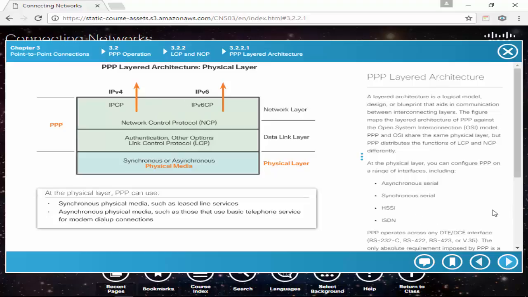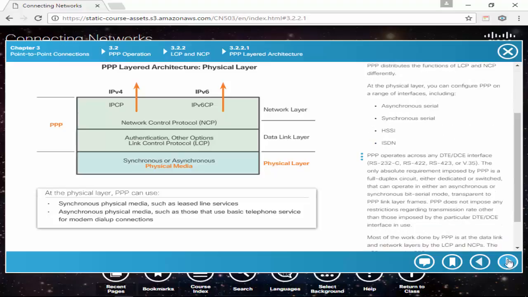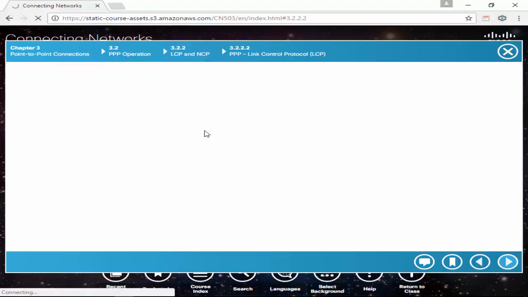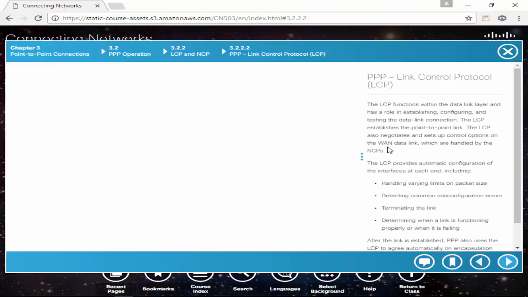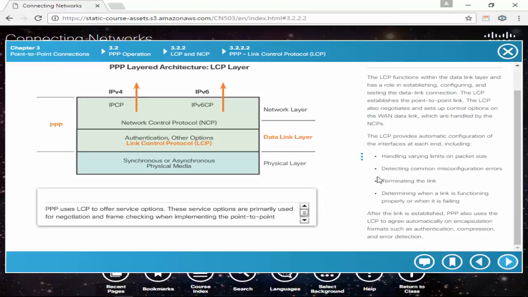Okay. So on the physical layer, you can use asynchronous, serial, synchronous, HSSI, and ISDN. So here's our LCP.